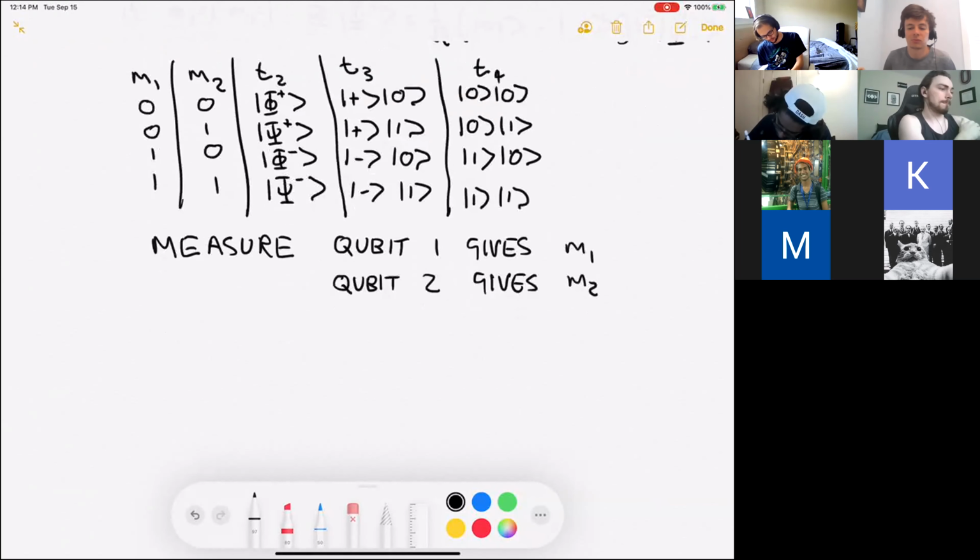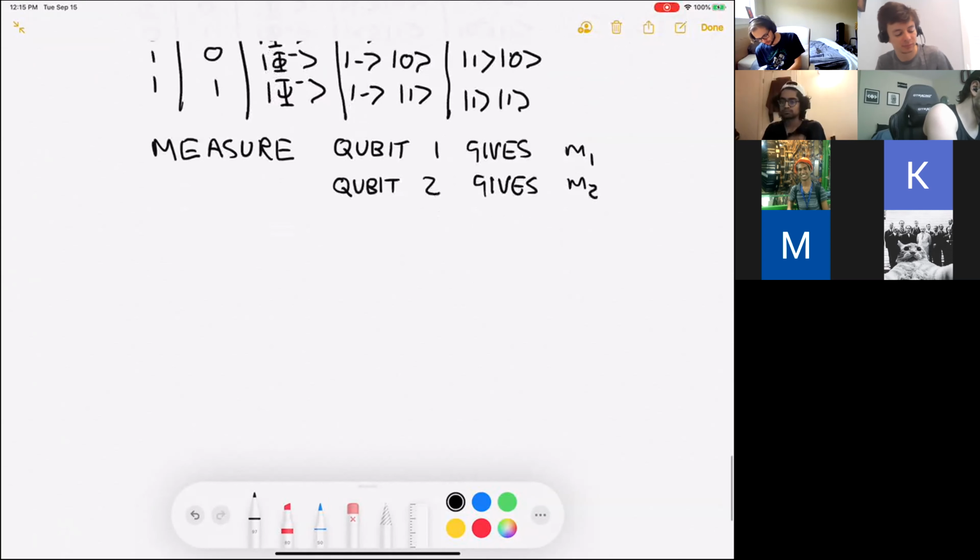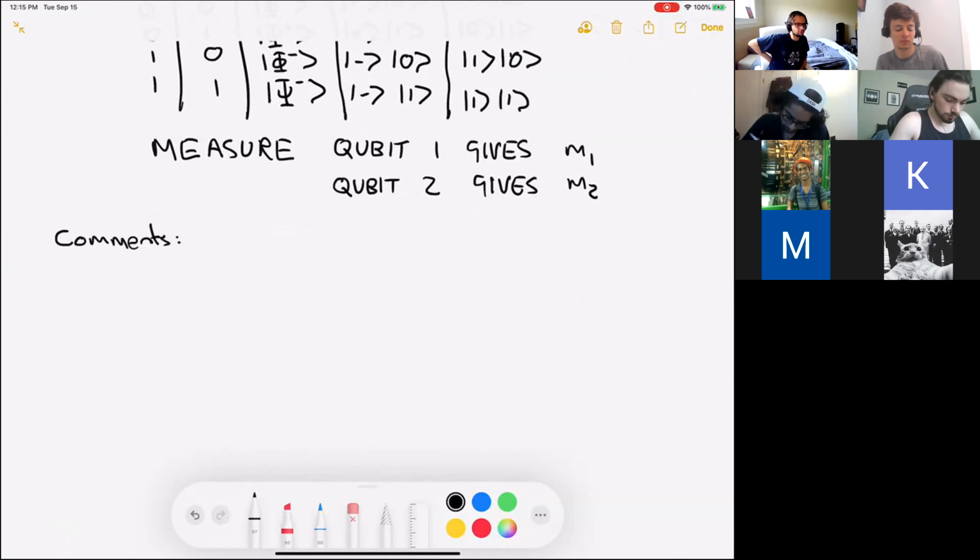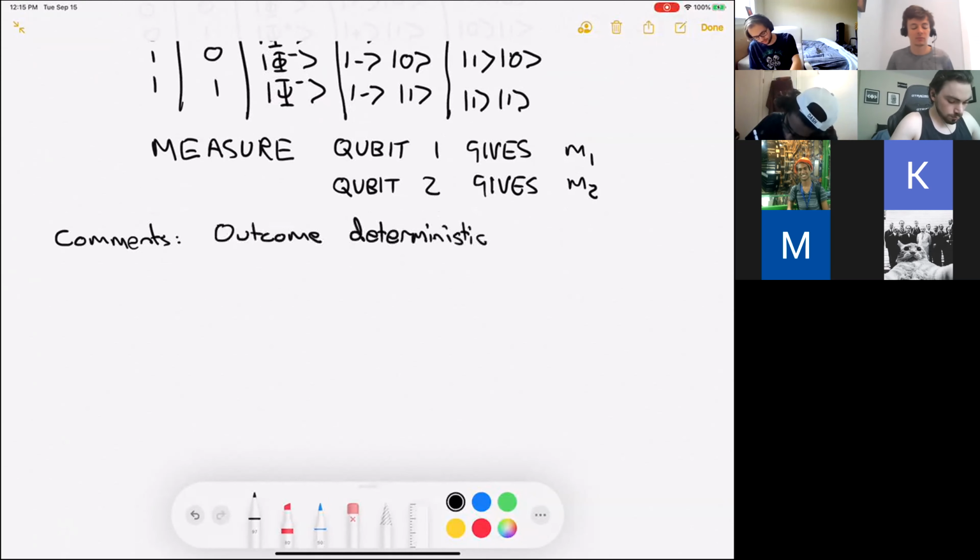So that's really the main stuff I want to talk about today. It's a natural ending point, so I think we'll just end pretty soon. Just going to make a couple more comments about this whole thing. First thing to note is that the outcome is completely deterministic, right?